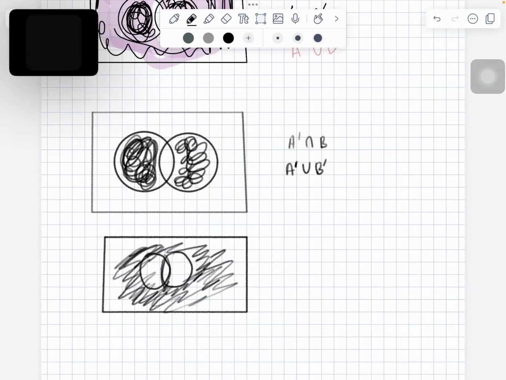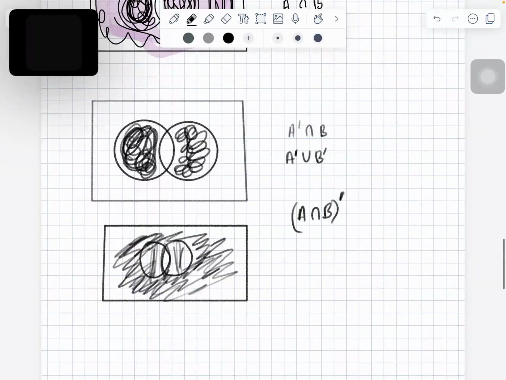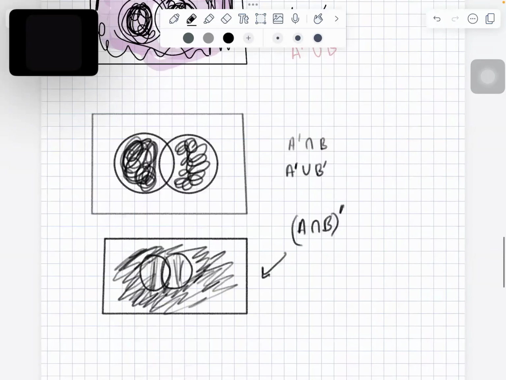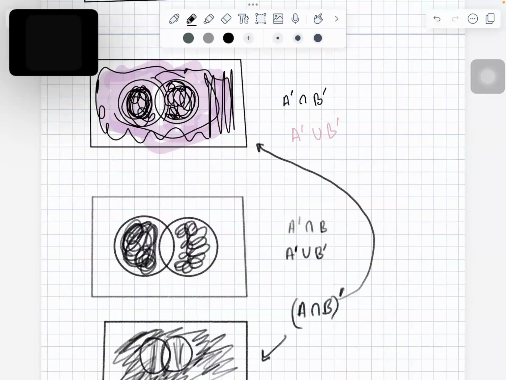Or it can be this as well, because A intersection B complement. A intersection B, this. So this is this graph, or it was this graph.